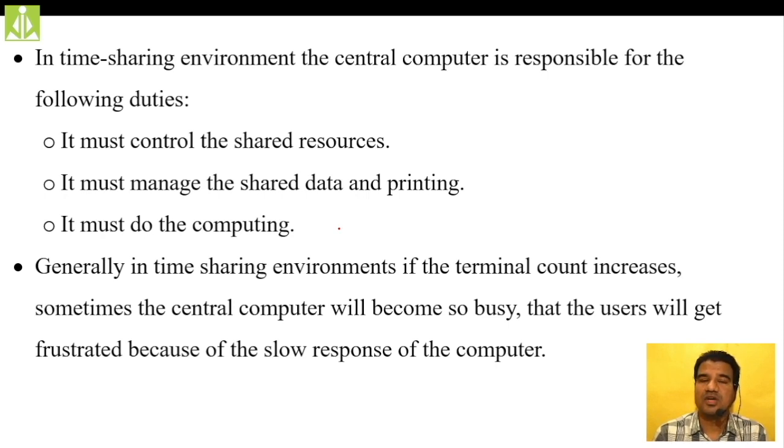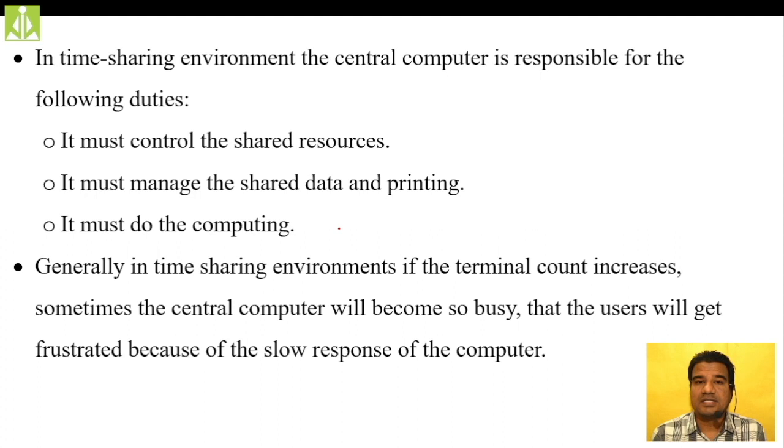The responsibility of the central computer, the central processing unit, is that it must control all the shared devices, shared printers, shared data, and do the computing for all the terminals. These are some of the responsibilities of the central computer.